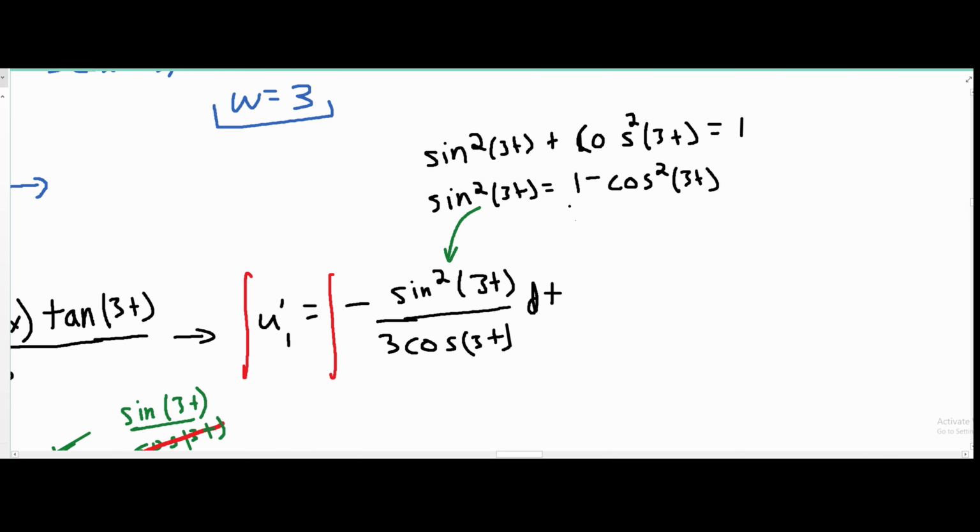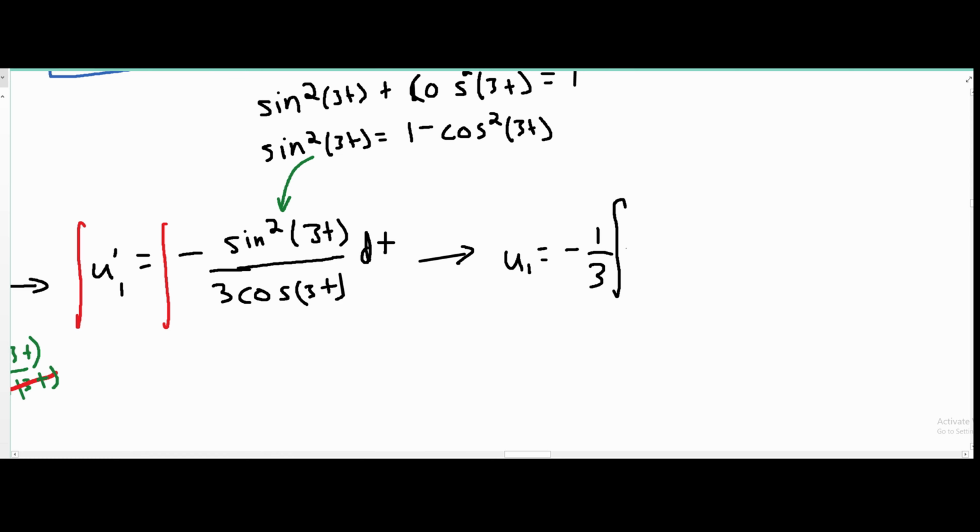Since this is equivalent to this sine, we can plug this 1 minus cosine squared 3t in. We can move our negative 1 over 3 outside of the integral to make it easier since it is a constant. And then we're just going to divide our numerator, which is this now, by cosine of 3t.